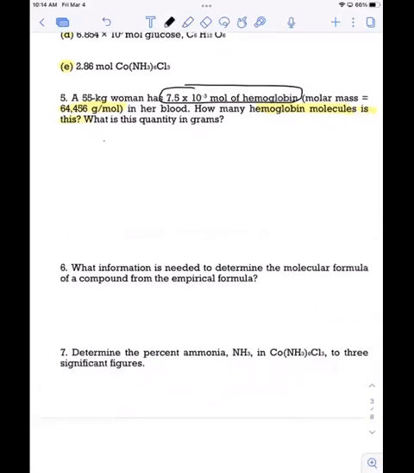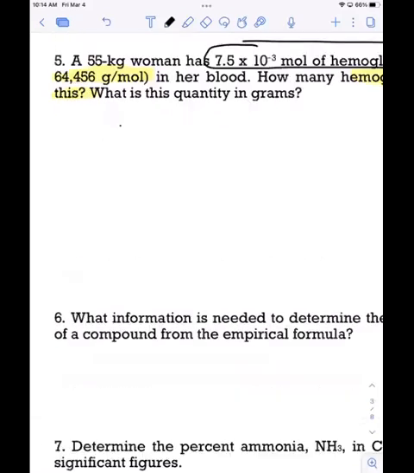There's a direct way to go from moles to molecules, isn't there? Is it with Avogadro's number? Yes, indeed.